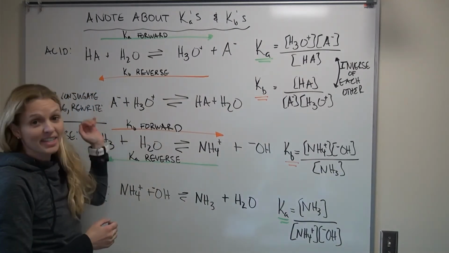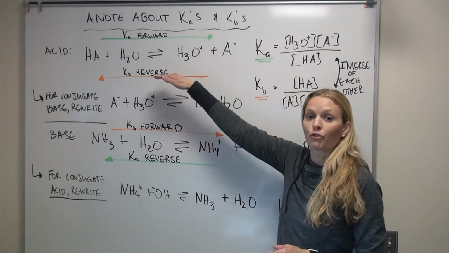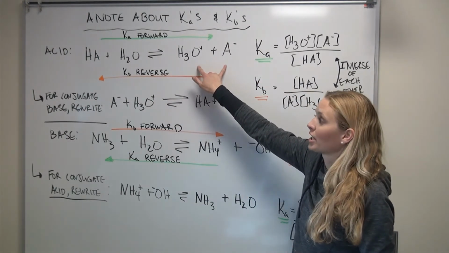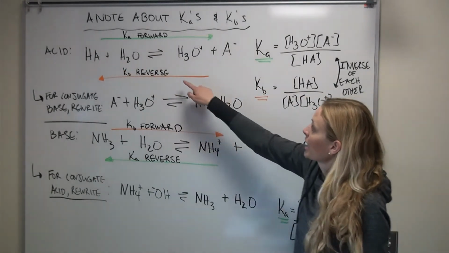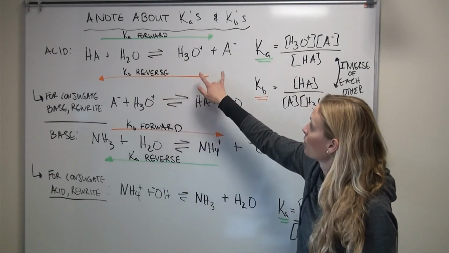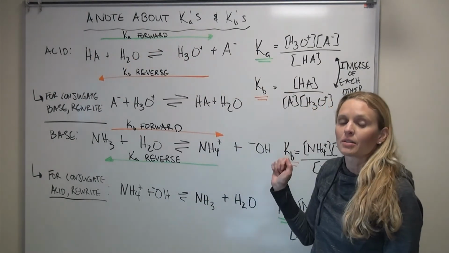But I can write the Kb for this acid, right? The Kb is the reverse of it because this is the conjugate base dissociating in that direction. And so this would be concentration of products over reactants for the Kb. Sometimes it can get confusing.